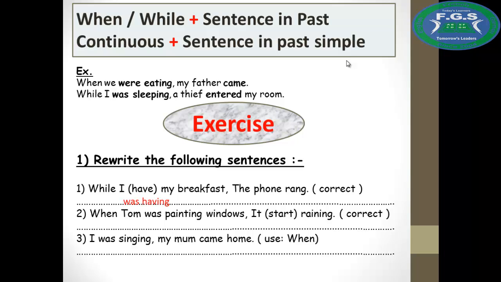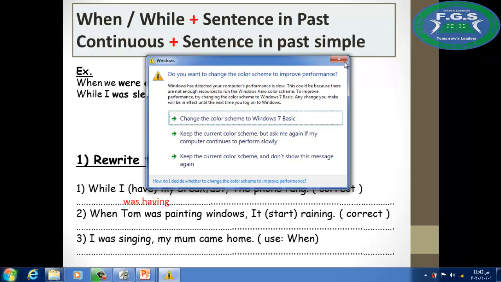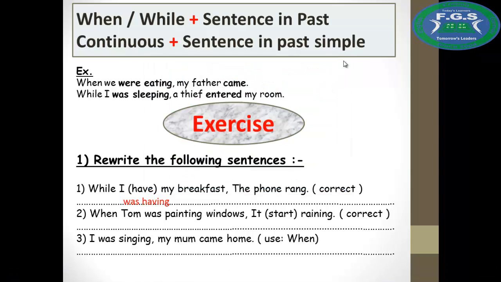Okay, while I was having my breakfast, the phone rang. Okay, number two, when Tom was painting windows, it started raining. Correct the verb in the bracket. So it will be when Tom was painting windows, it started raining.